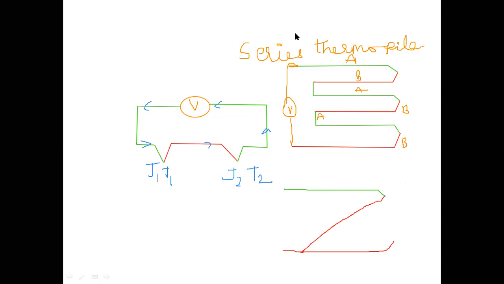From here, I will take metal A here. This is metal A, and this is metal B.